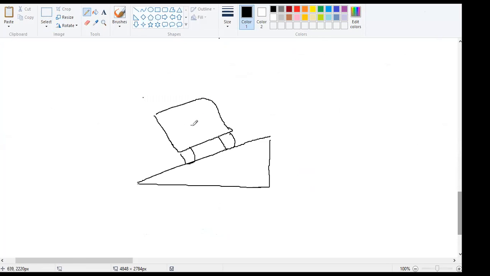You know that the mg will always act vertically downwards. You know that the normal reaction will always be normal to the surface. So that's your N, because it is normal to the surface. We're talking about this surface. This is a very important understanding. Weight will always be vertical this way. Normal reaction will always be straight this way.